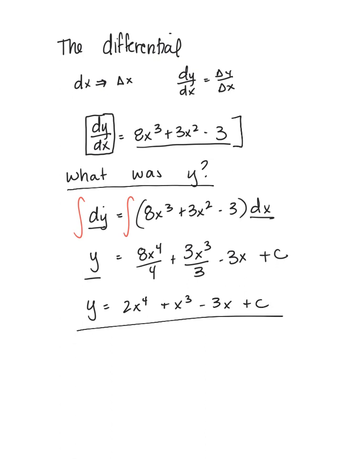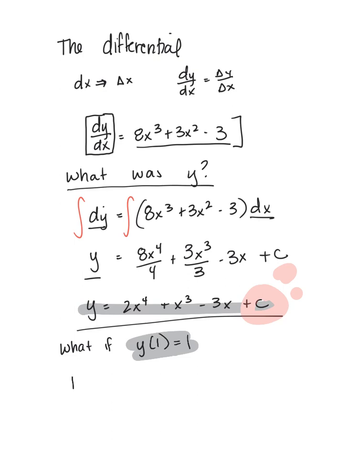But in many cases, we are told the initial condition, or a condition, where y of 1 is equal to 1. Well, now I have some information that I can plug into this equation to figure out what that c is. So since y is 1, 1 is 2 times 1 to the fourth plus 1 to the third minus 3 times 1 plus c.